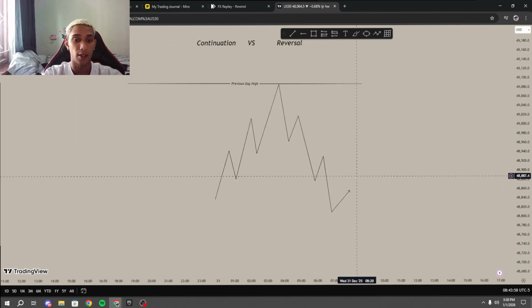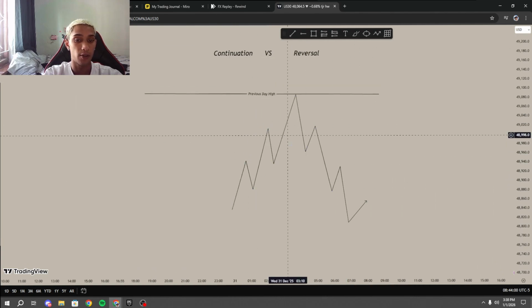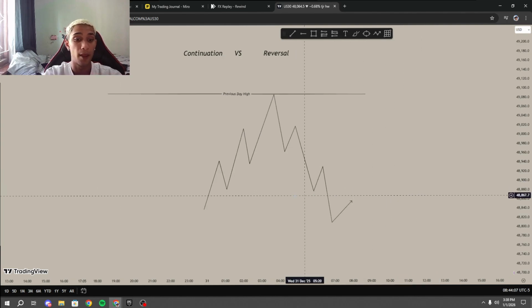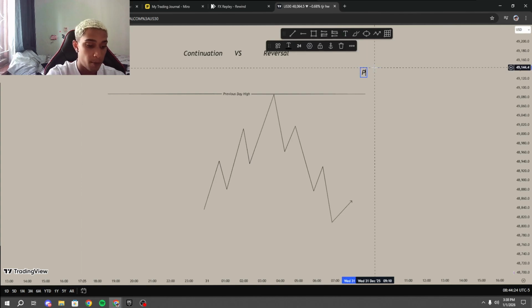So in this instance here, there is both a continuation and a reversal play available in this price action, right? And we can use this as an example. Say, in this instance, the reversal, we would have waited for price to come up into previous day high, being our PD array, PDH.